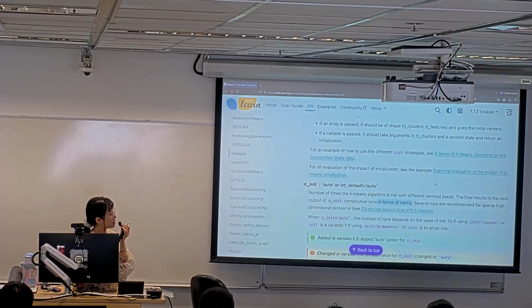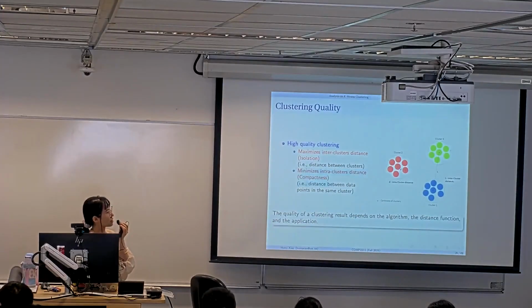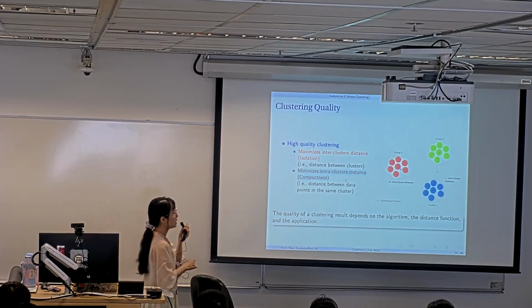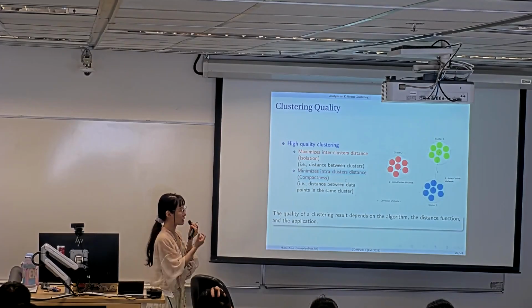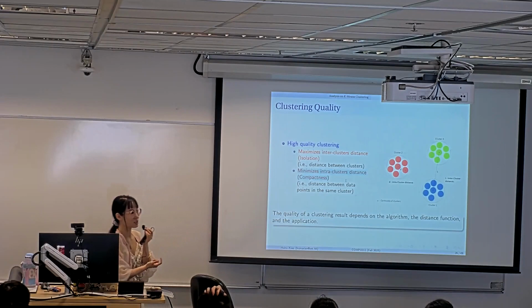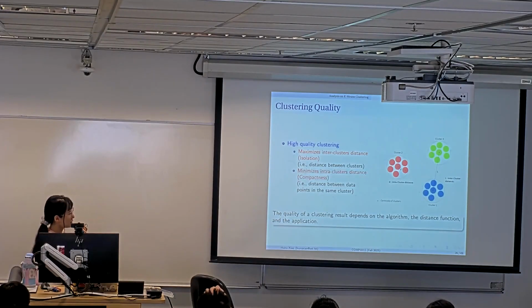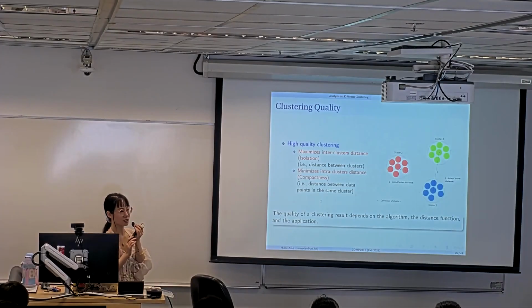And actually this inertia is the intra-cluster distance. So the scikit-learn K-means module will try to get the best result according to the inertia here. Yes, very good. Any other question regarding the clustering quality?